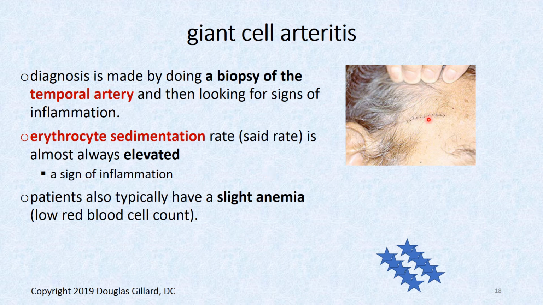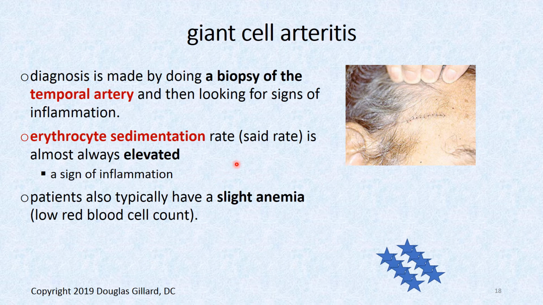Diagnosis is made by taking a branch of the temporal division of the superficial temporal and putting it under the microscope, and they look for inflammation of that, and that makes the diagnosis. In the meantime, they put them on corticosteroids, because until proven otherwise, you have to assume the ophthalmic artery is swollen up as well.